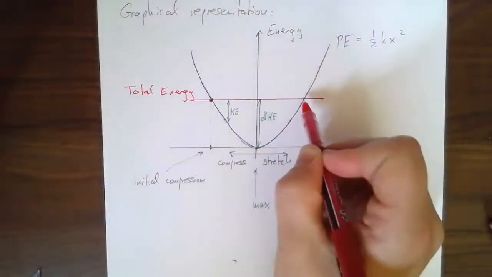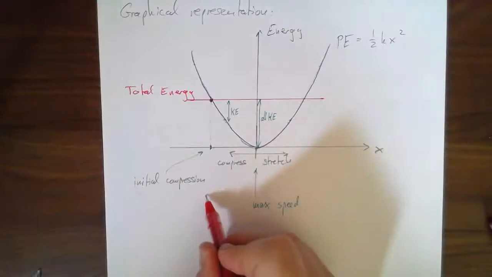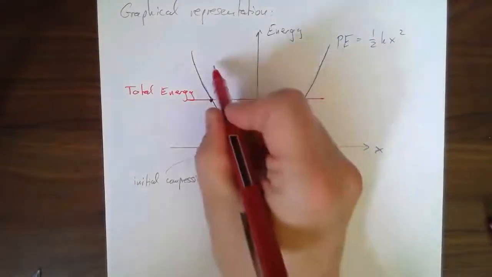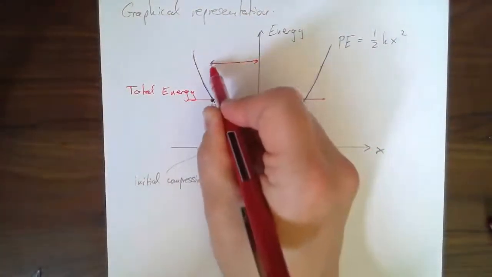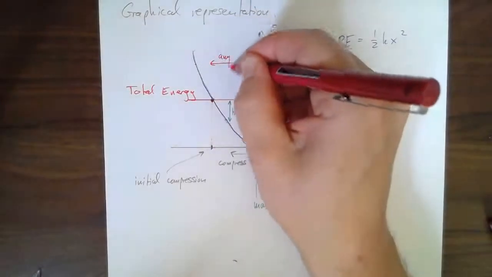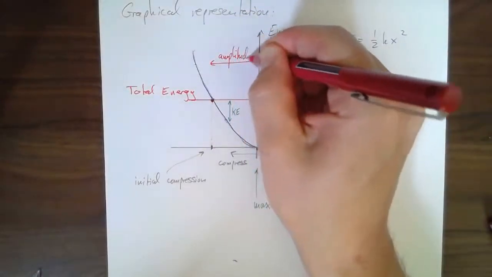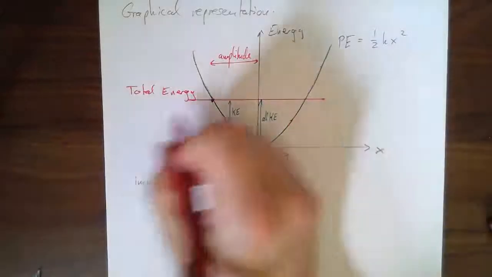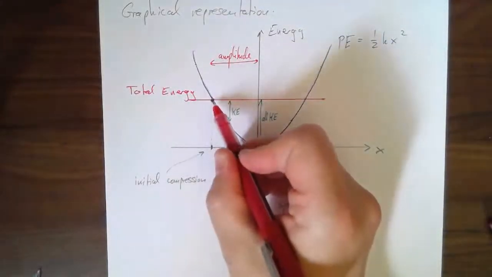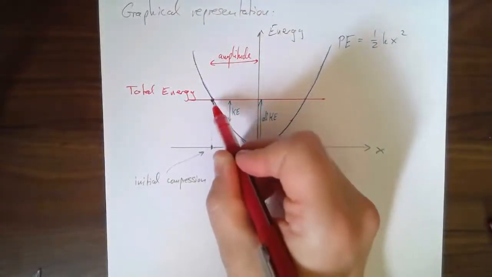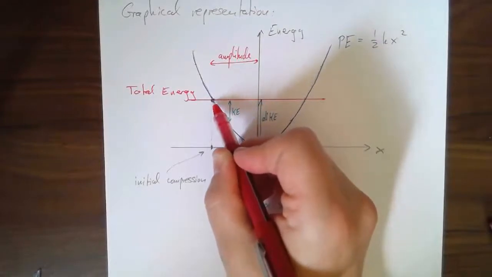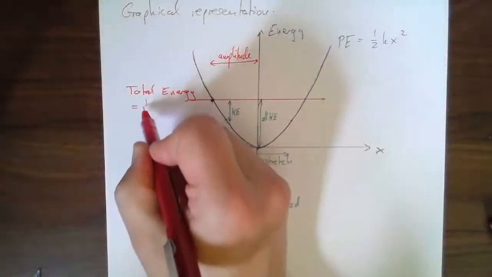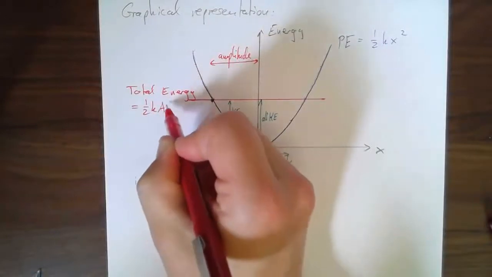So these are going to be the turning points. So this distance here, and put it up here, that's going to be the amplitude.